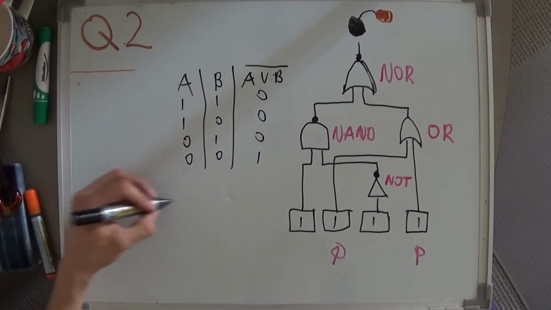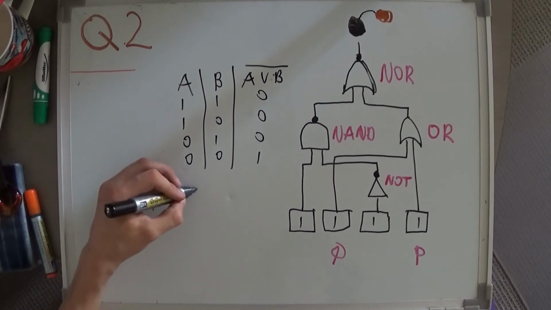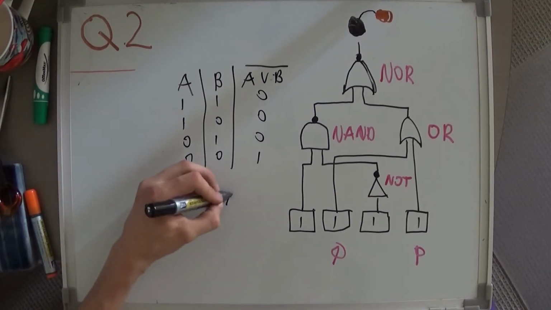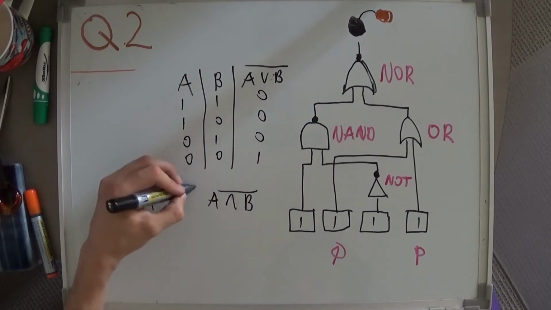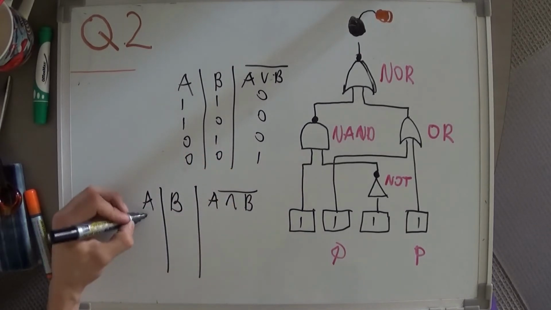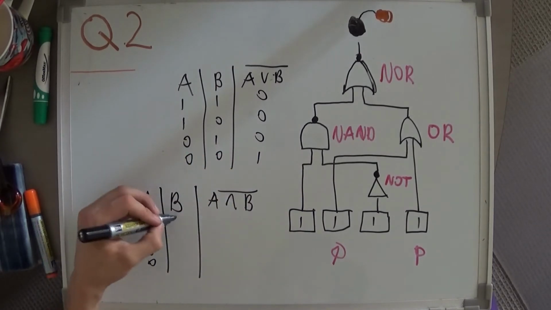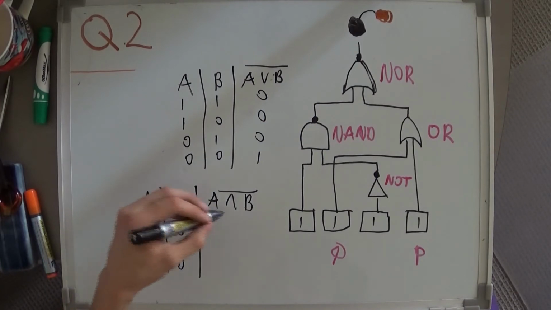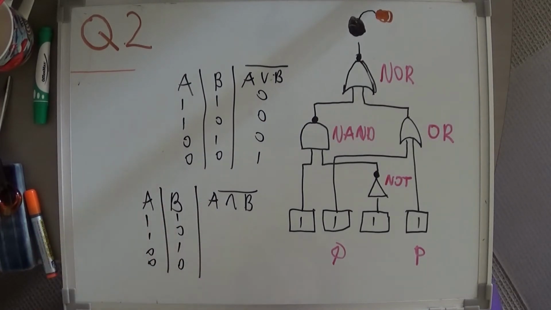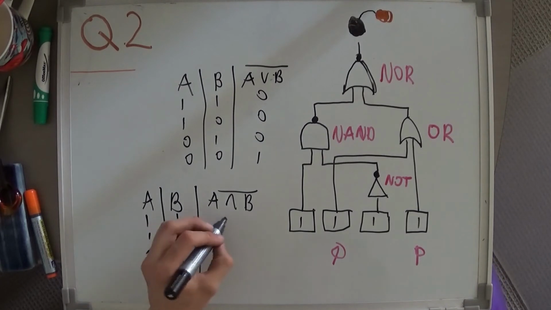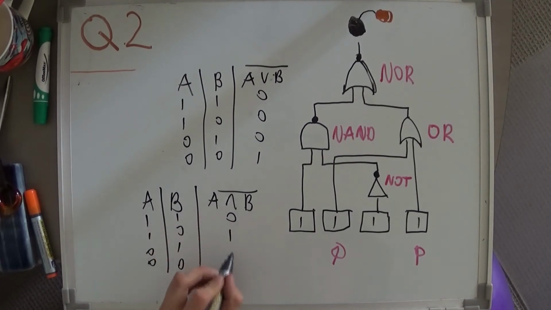We'll have A, B, and A NOT AND B. Right, so A NOT AND B, that's going to be 0, 1, 1, and 1.